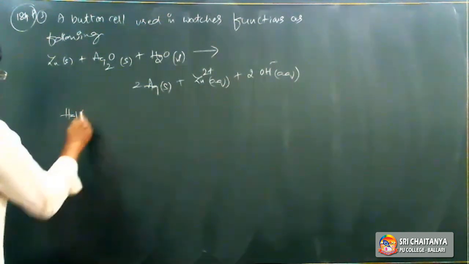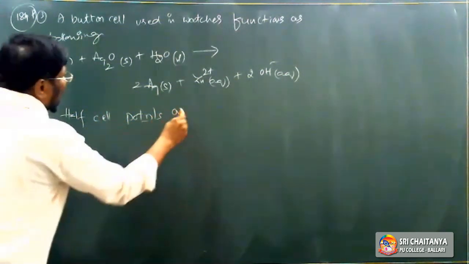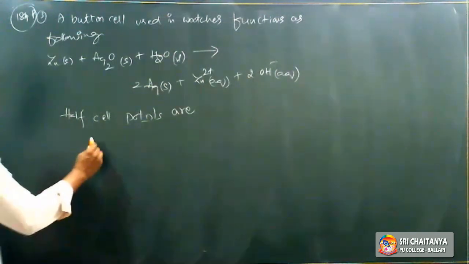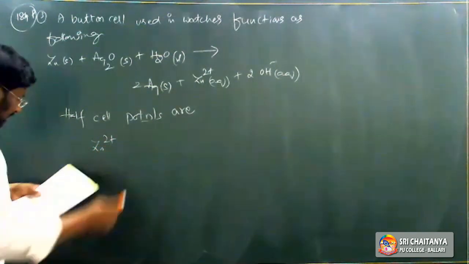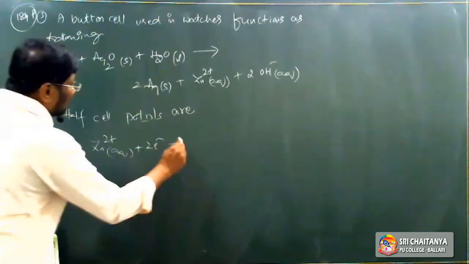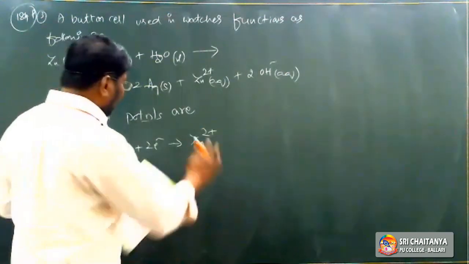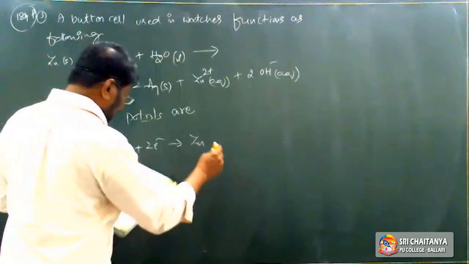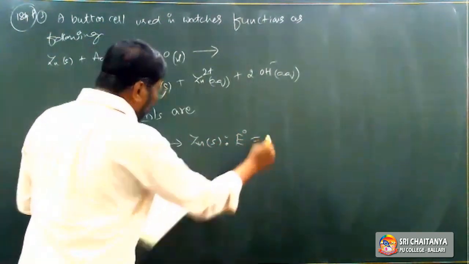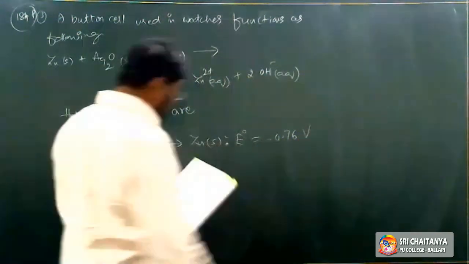Half cell potentials are: Zn2+ aqueous plus 2 electrons gives Zn solid, for which the standard reduction potential is minus 0.76 volts.